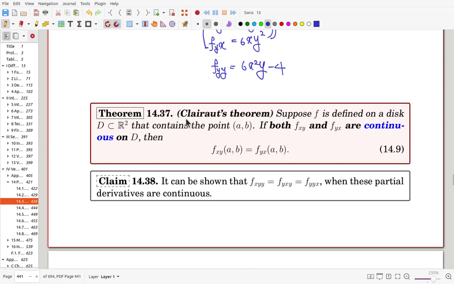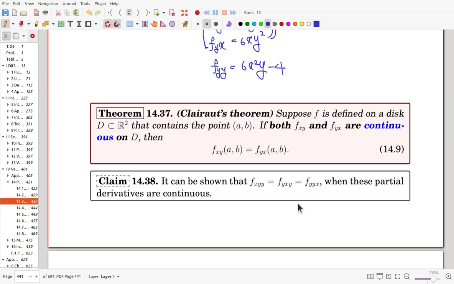That's the Clairaut theorem. So we can show these are the same when these third order partial derivatives are continuous. So the order of the derivatives is not important. It doesn't matter. You can get the result with an arbitrary order once they are continuous.